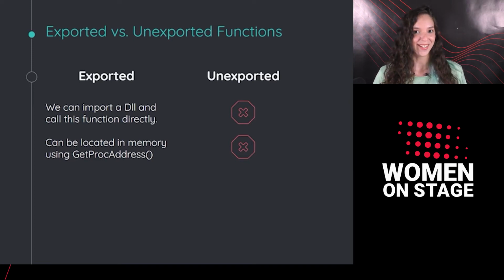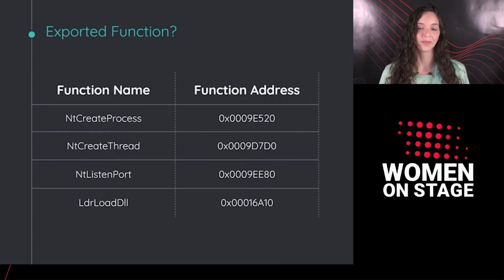So why is that? Every module has a table that maps some of its functions' names to their addresses in memory. Unexported functions are all the functions that don't appear in this table. So we have to find them ourselves.